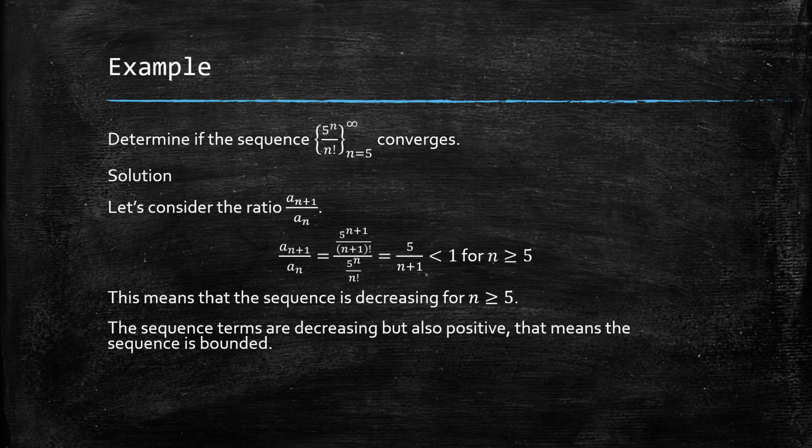So it's bounded above by 5/6 and bounded below by 0, so it is a bounded sequence, and we know that it is decreasing, so it is monotone. So by the monotone convergence theorem, the sequence converges.